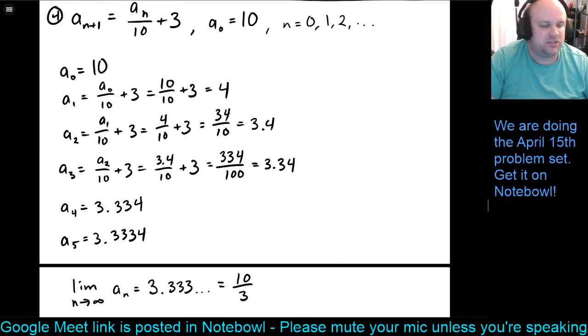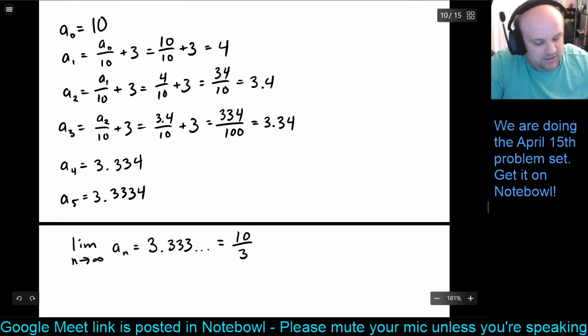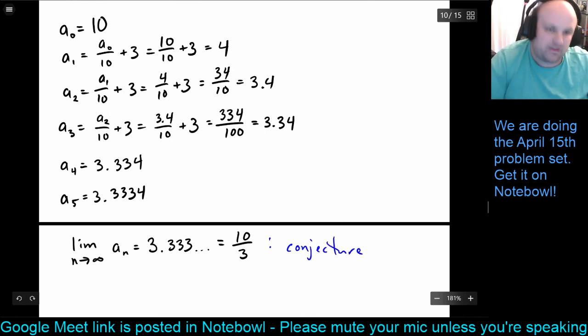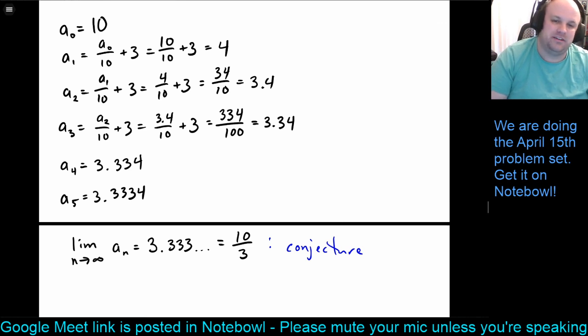So it shouldn't be too hard to at least visually conjecture that. At the moment, this isn't analytically proven. We've sort of conjectured it. It's a correct conjecture. It is true, but it's not definitively proven.